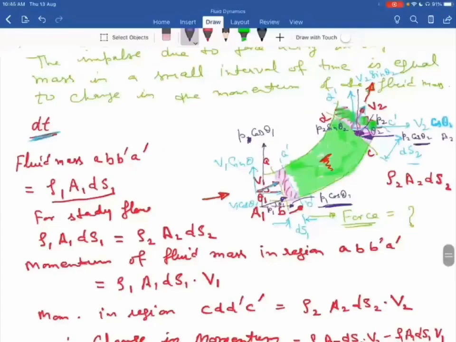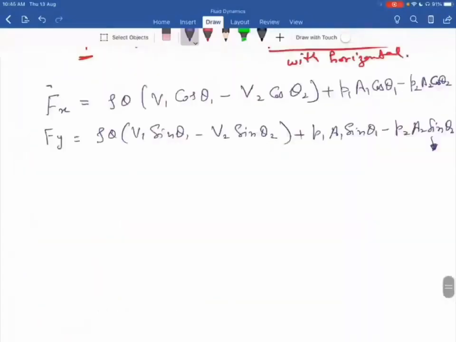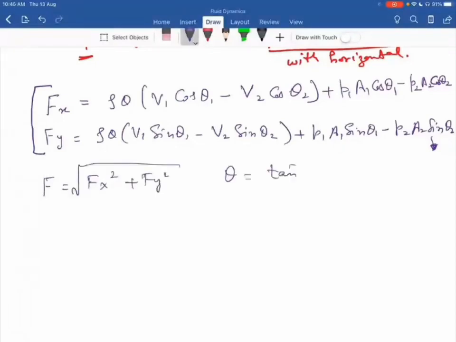So in that manner, you can calculate Fx, Fy, then the resultant force, and then the theta. Tan inverse Fy upon Fx. Okay. So in this manner, you can use impulse momentum relation or impulse momentum equation to determine the force exerted by fluid on the bend in the pipe.